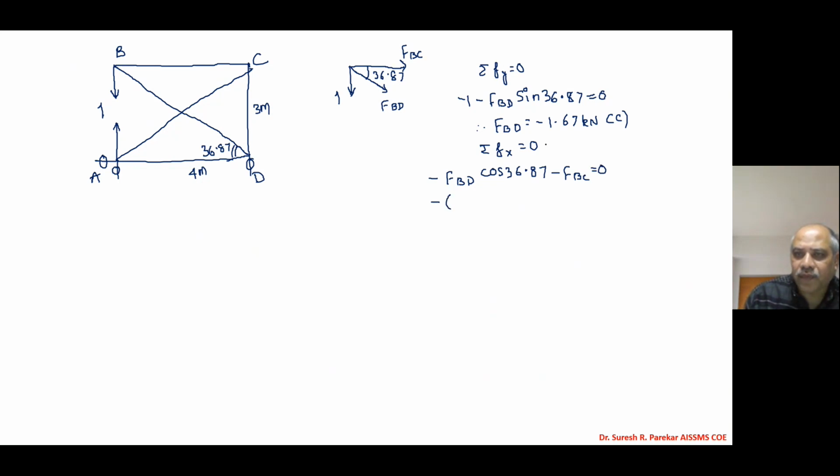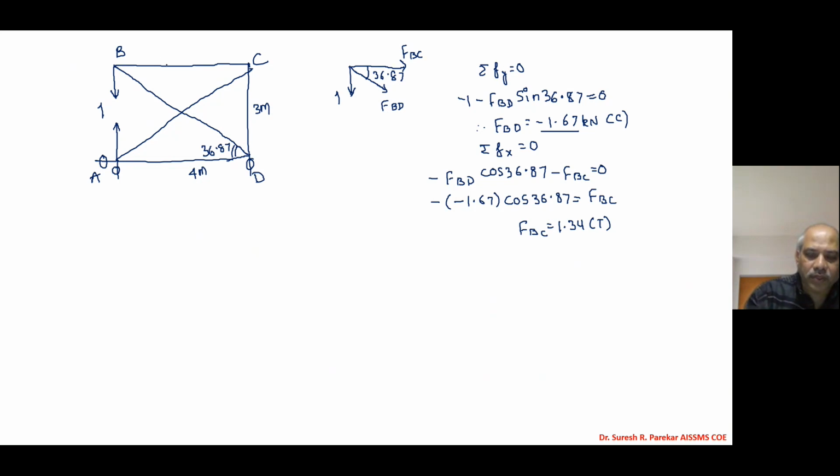Now minus FBD we have minus 1.67 cos 36.87 equal to FBC, and we will get FBC that is equal to 1.67 cos 36.87, which is 1.34. So we have 1.34, positive means tensile.